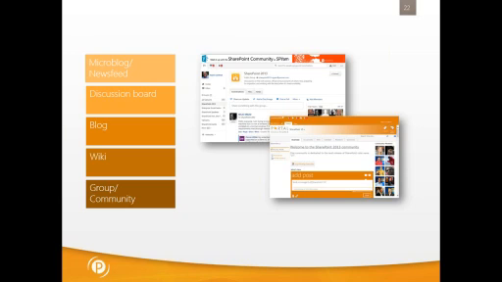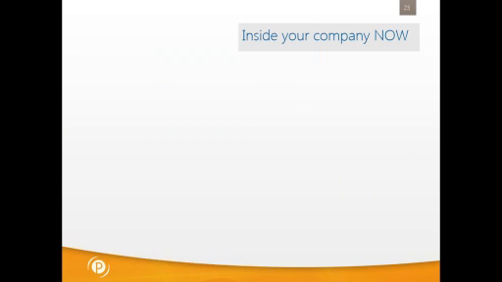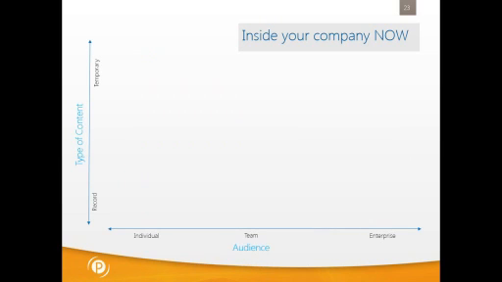So next, we want to take all of this information that we've seen and talk about what it looks like inside your company now. If you remember how we're going to gauge these different feature sets, we said it was by type of content that ranged from record to temporary, or temporary to record.